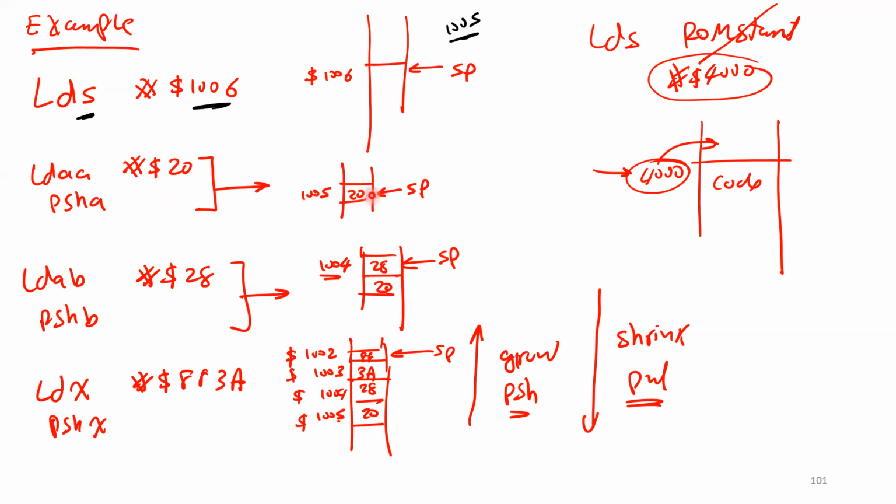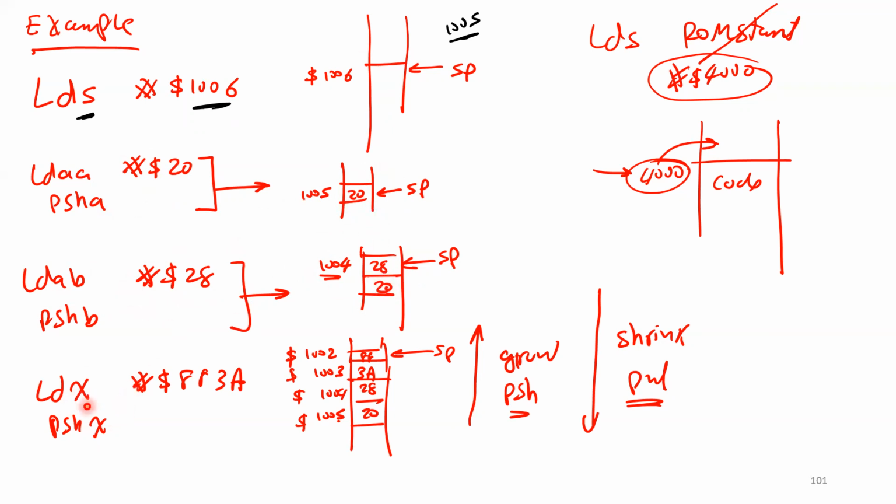Then load register B with 28, so I put 28 in B and say push B. The stack pointer was at 1005, now it should be at 1004, and 28 is here. So 28 is here and 20 is the old value here.